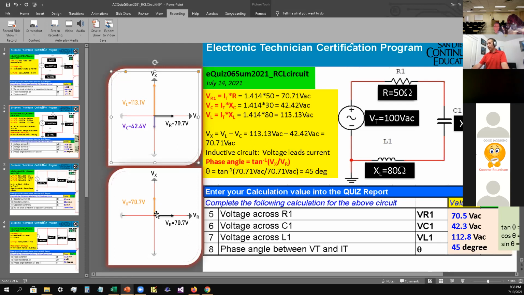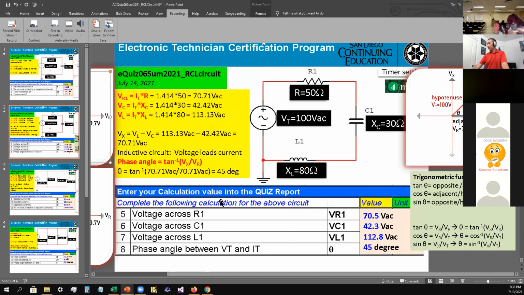After that, I move the VX from where it was on this line to the other side, so I can create this angle. See, VX was on this line; now I just slide it over here. That's still 70, and then my adjacent side, and my hypotenuse, your VT, your total input voltage, is right here.